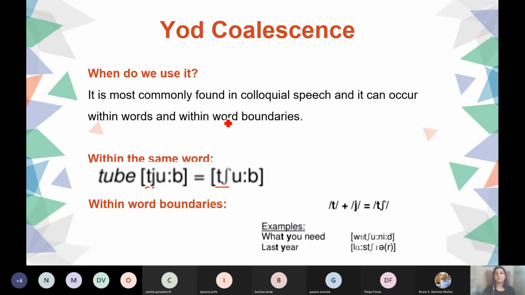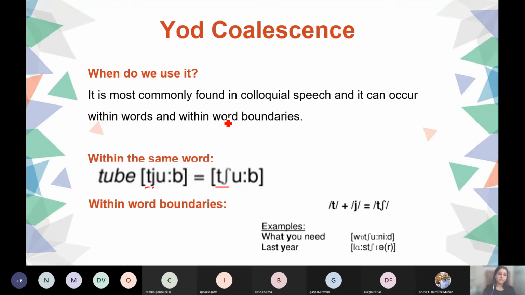Or for instance, the platform in which people watch videos, some British people I've heard, they say YouTube, instead of YouTube, like we usually do. So the tube, YouTube.